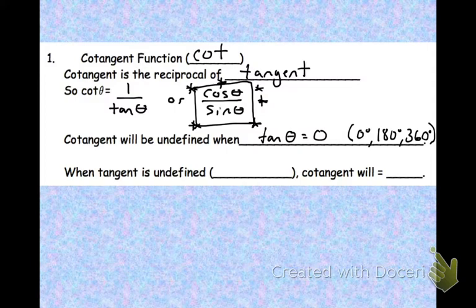When tangent is undefined, which was 90 degrees and 270 degrees, cotangent is going to be 0 because you're flipping it over. So the 0 is now on top instead of being on the bottom. If you remember, at 90 degrees, it is 1 over 0, which is undefined. If you flip that over, cotangent is 0 over 1, which is just 0.